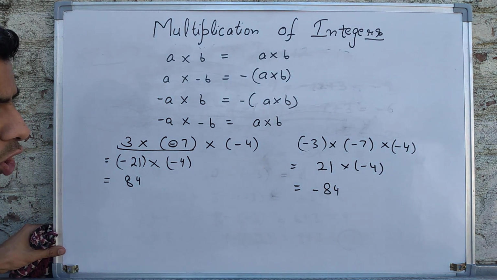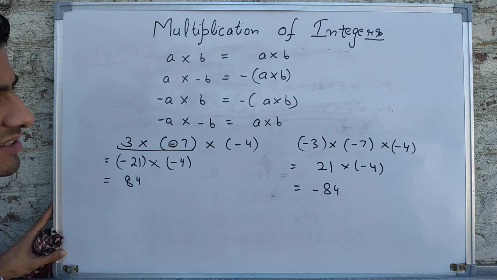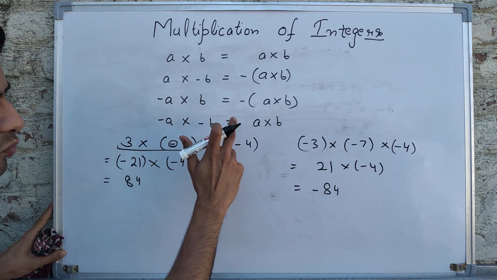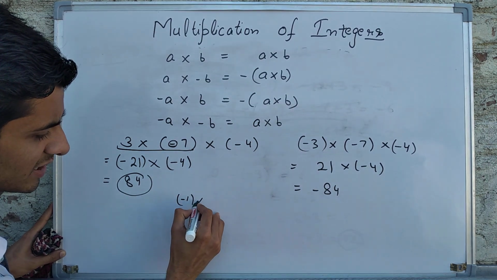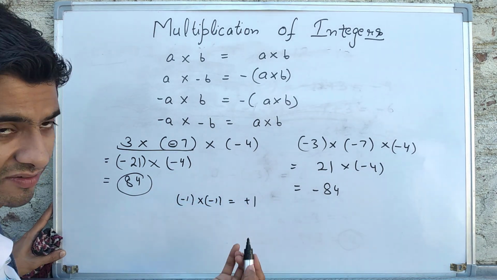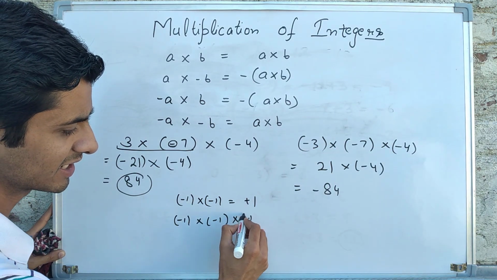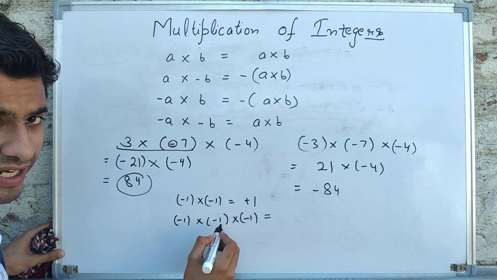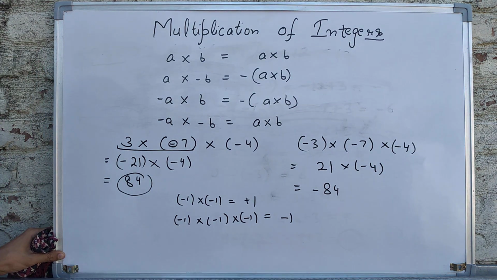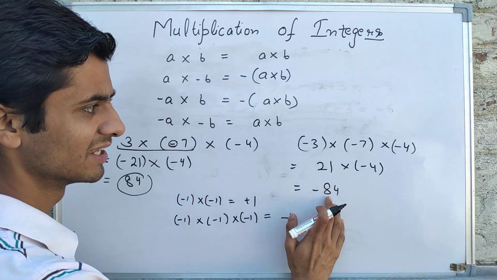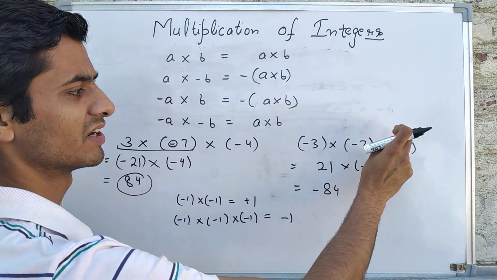In this way we can solve, or we can directly multiply all and see how many negative signs there are. 3 sevens are 21, 21 fours are 84. How many negatives are there? One negative, one negative: negative 1 into negative 1 means positive 1. Here, 3 negatives are getting multiplied. So negative into negative is positive, and positive into negative gives you negative. In this way we can just directly multiply and then write the negative or positive sign after counting the number of negative signs.